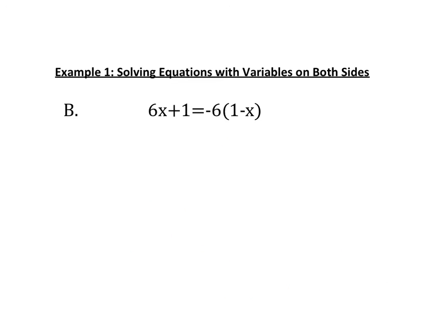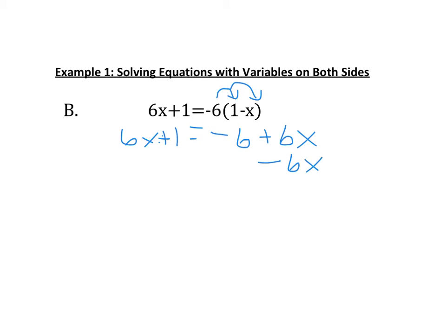Okay, let's look at example B. This one has some distributive property that we want to make sure we multiply out. Now remember, that is a negative 6 times 1 and a negative 6 times negative x. And nothing else to simplify. So at this point, this is where we want to start looking to combine our x's.